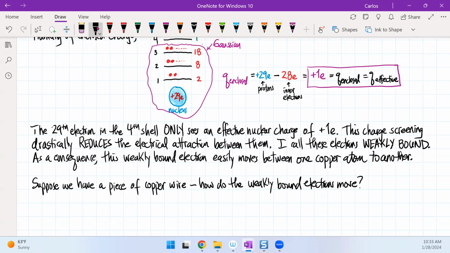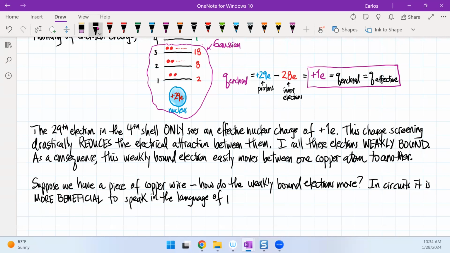In physics, it's common to speak in the language of electric fields. That's not true in circuits. So in circuits, it is more beneficial to speak in the language of potential fields.